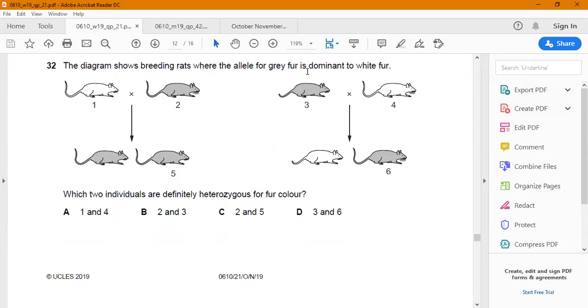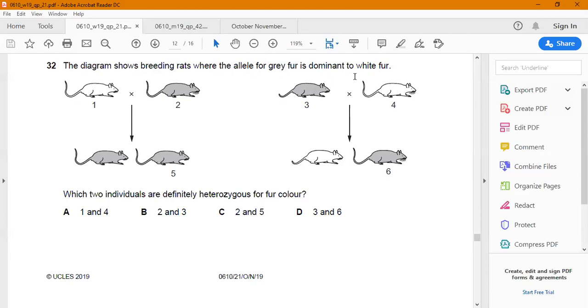In this case, of course, we're using capital and lowercase letters. We could use lowercase w for white and capital G for dominant. So tell me, what could the possible alleles be?